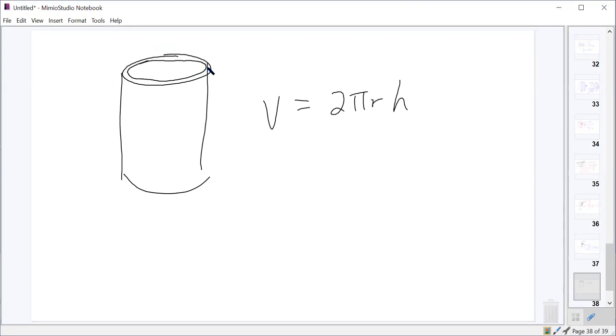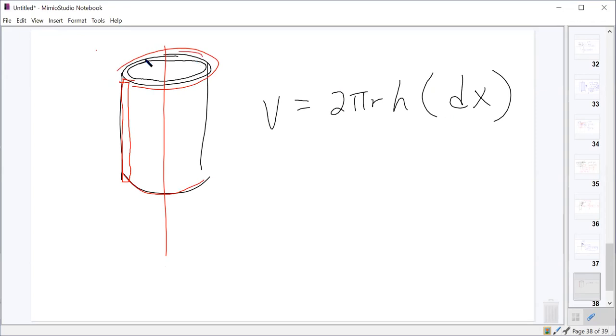And then we just multiply it by the thickness, which in this case is a dx. And the way we know if it's dx or dy is, suppose we were revolving around a vertical line here. So we would sketch what we call a typical rectangle, and that's what we're sort of revolving around here to get these cylinders. And since it's parallel to this vertical line, it has a very infinitesimally thin thickness in the x direction.